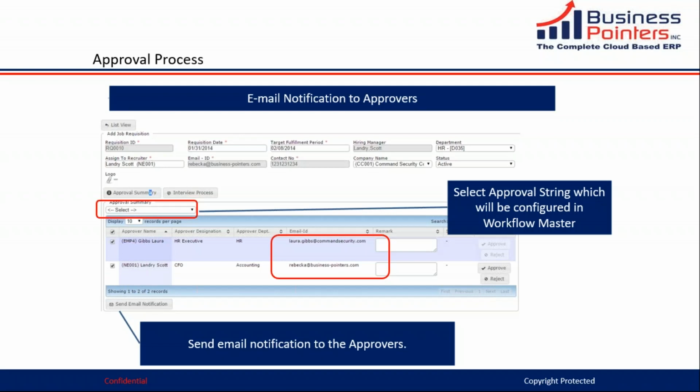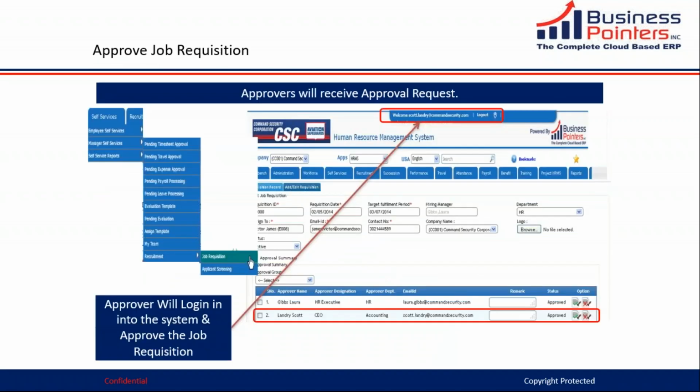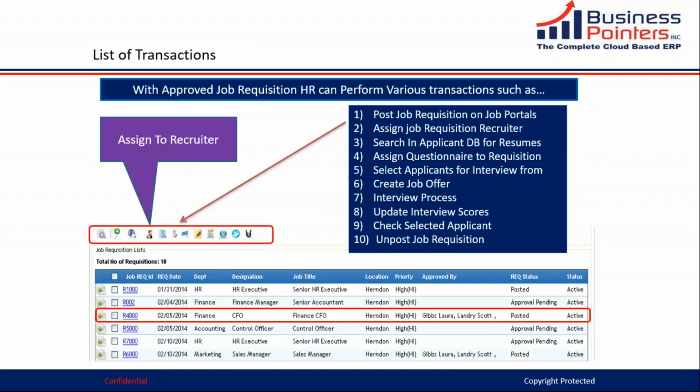Once these get approved, then with just one click of the job requisition button on the portal, you can post it to the career website. And then you can assign recruiters to the system, and once you've assigned it, you can start receiving applications.